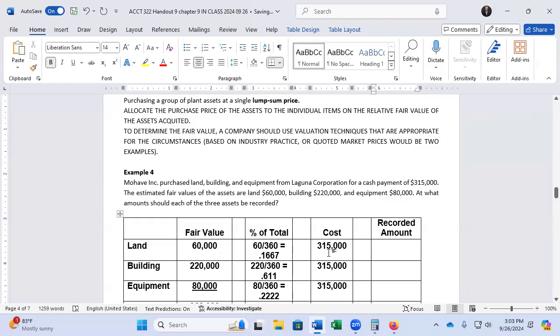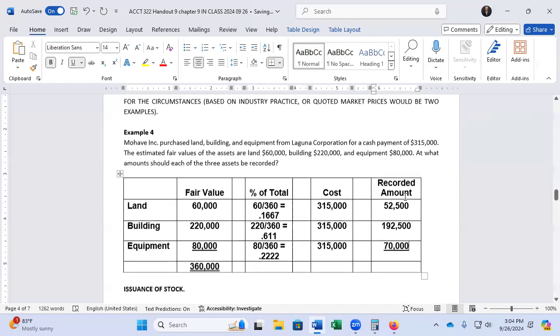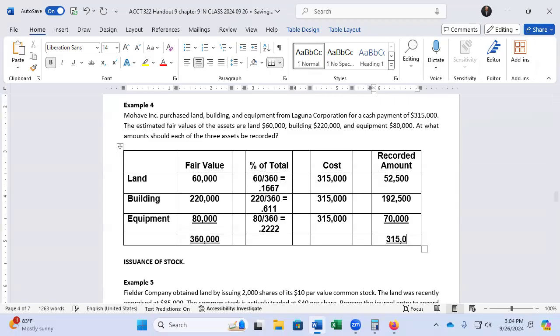And so when we multiply those out, we get 52,500, 192,500, and 70,000. And when we add that up, we should get 315,000. Any questions? Hopefully that should look really similar to you based on what we did with the bucket purchase for inventory.